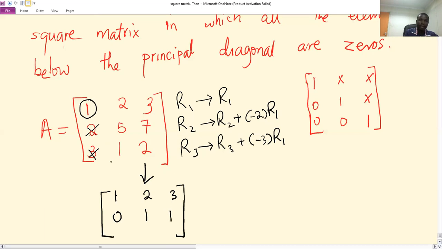And 3 plus -3 times 1 is 0. 1 plus -3 times 2 is -5.